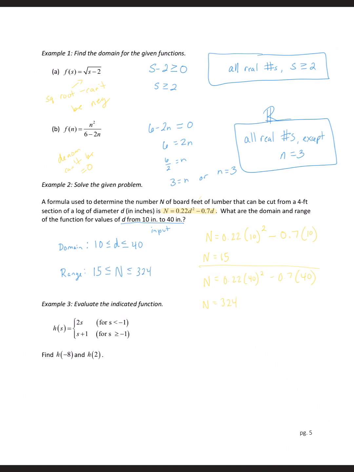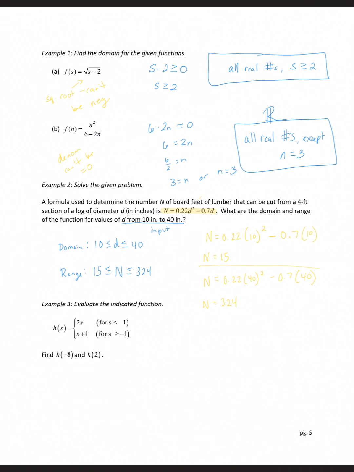Okay, so when we calculate the input value of 40, and I just typed this into my calculator, I'm getting an n value of 324. So that's the largest output we can receive with the largest domain value. So that means our range consists of all values of n between 15 and 324. So 15 is less than or equal to n, which is less than or equal to 324.